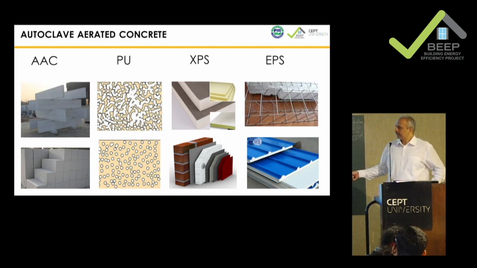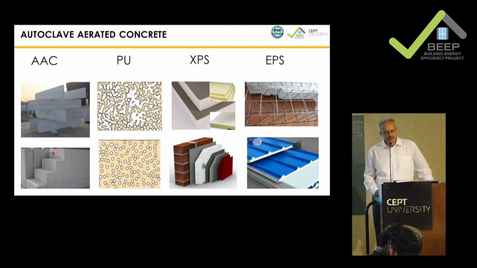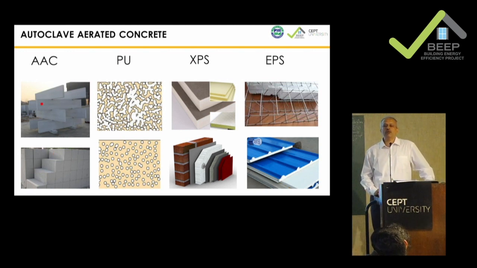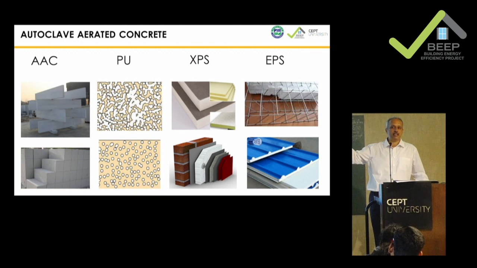You also can get masonry units of AAC blocks, but otherwise most of them are in sheet form. And when they are in sheet form, you also need to manage their construction. That means, especially in India, when you have masonry units, how do you attach these masonry units with the sheets, and what the layering of that will be becomes important. Okay?